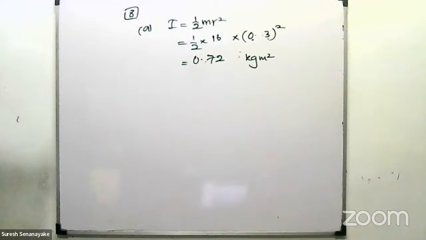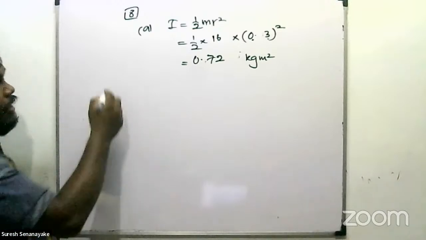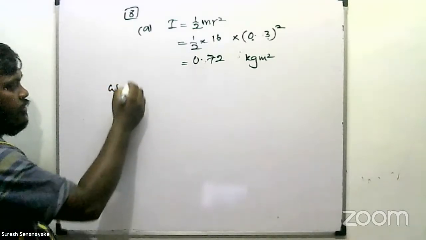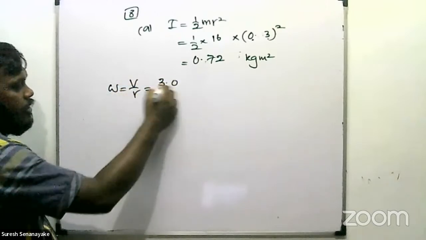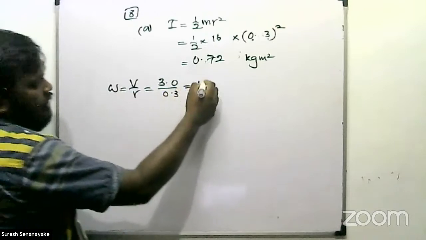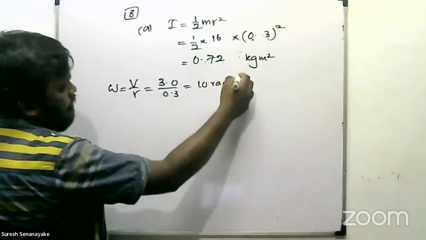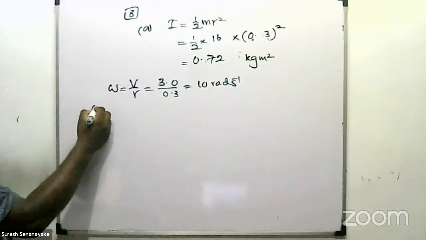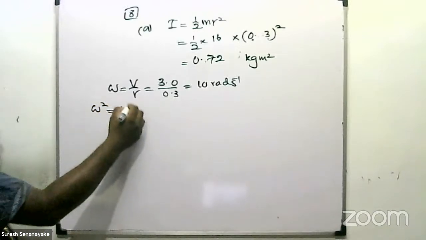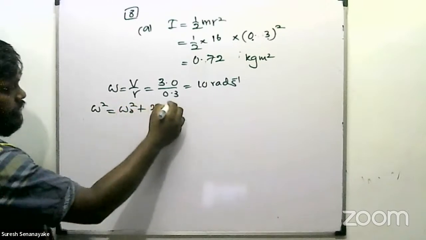You can find the omega: omega equals V over R. V is given as 3, R is 0.3, so this is 10 radians per second. Then for the angular acceleration, omega squared equals omega naught squared plus 2 alpha theta.